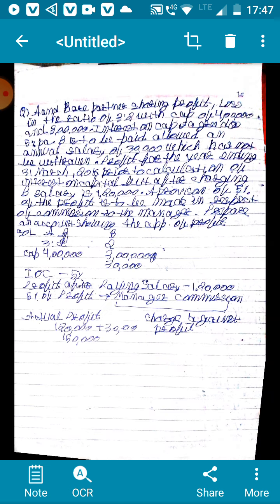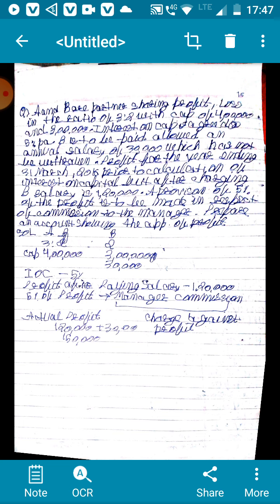Then actual profit is equal to 1 lakh plus 30,000, equal to 1 lakh 50,000. What is manager's commission? As we have understood before, interest on loan is charged against profit.